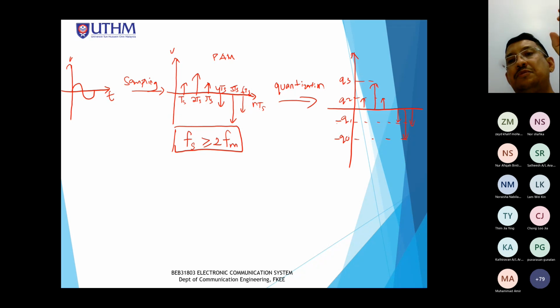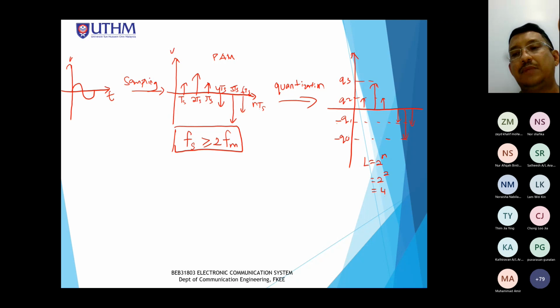Okay, so the number of levels is equal to 2 power of n, where n is the number of bits used in the system. In my example, I have 2 bits. That means I'm going to use 2 power of 2, which is 4 levels.